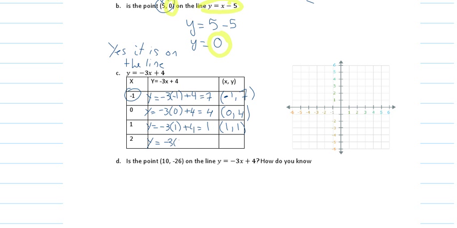So that's negative 6, add 4 is negative 2. Negative 3 times 2 is negative 6. Yeah. Add 4. You owe me 6. You gave me 4. Okay.